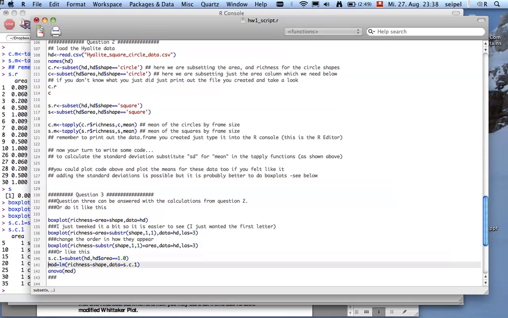We'll go back over to the script, and now I'm going to make a linear model. I'm going to make a mathematical formalization of the two by using this, which is linear model, and I want to predict richness based on shape. And I'm going to save that as object model.